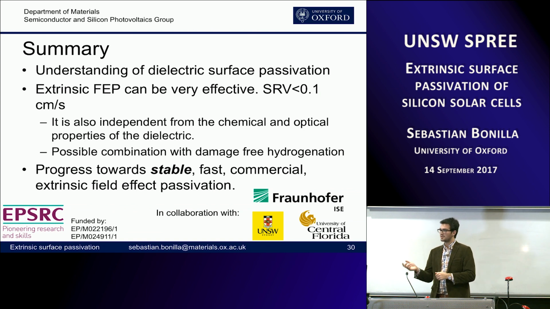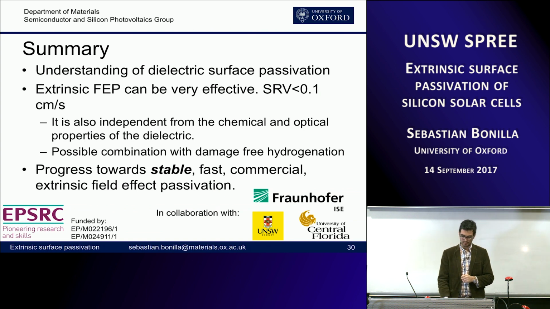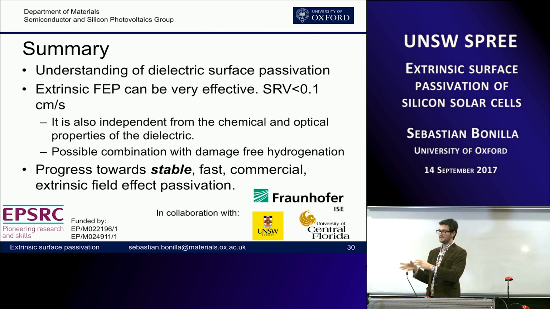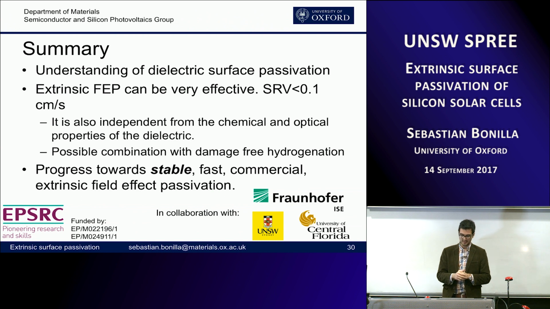And this led to surface recombination velocities below 0.1 centimeter per second, which are some of the best that have been observed. And we've also made progress towards stable and fast, towards getting this methodology of extrinsically passivating silicon using big charge ions to a fast and sort of commercial system.